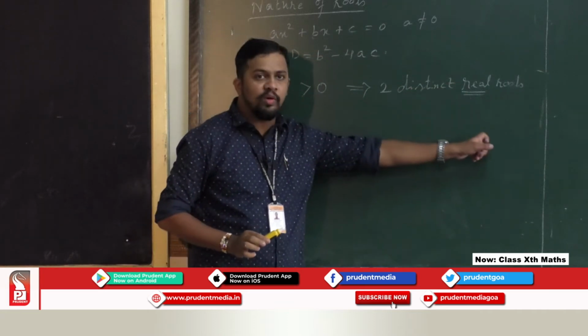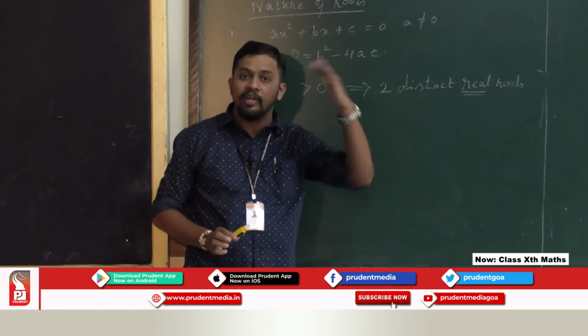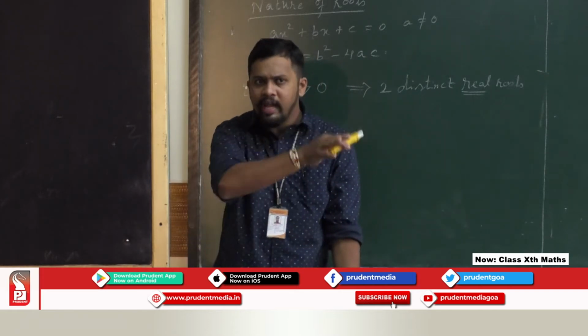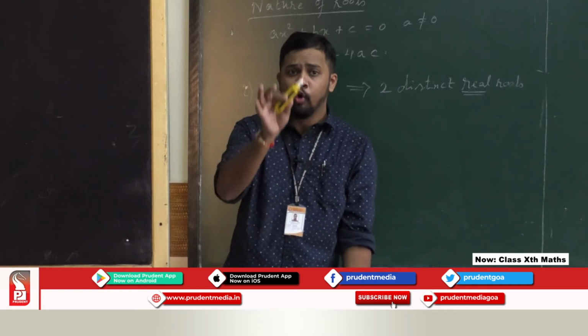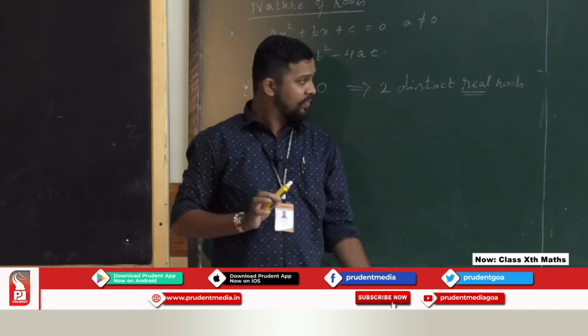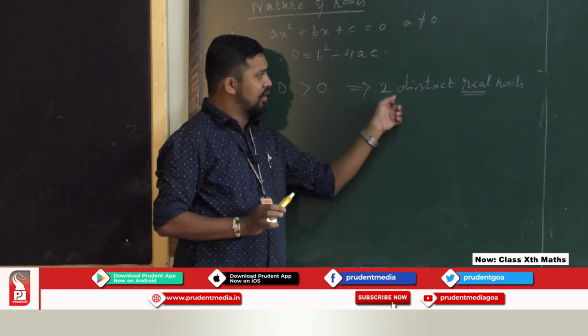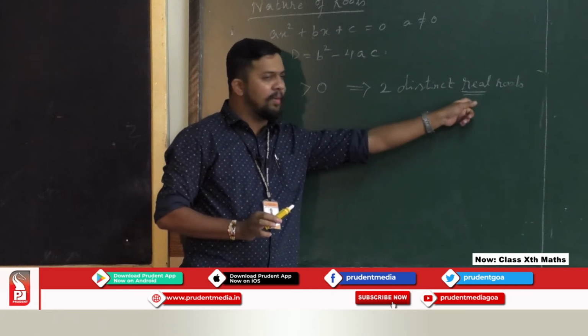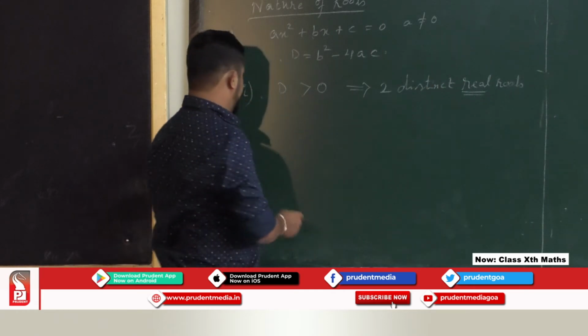So, when I say real roots, that means my roots can be rational, or they can be irrational. Today, I will take one example which will show you the roots irrational also. So, if d is greater than 0, 2 distinct real roots, different roots, that is real means rational or irrational.